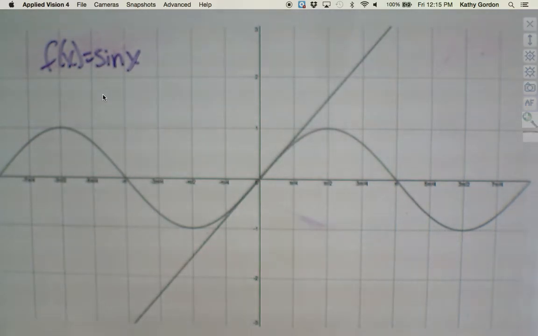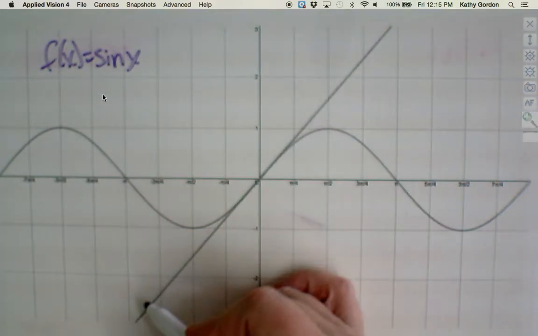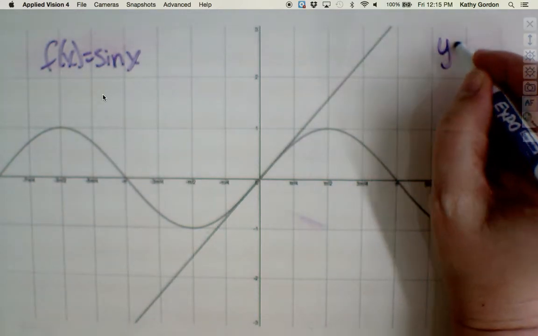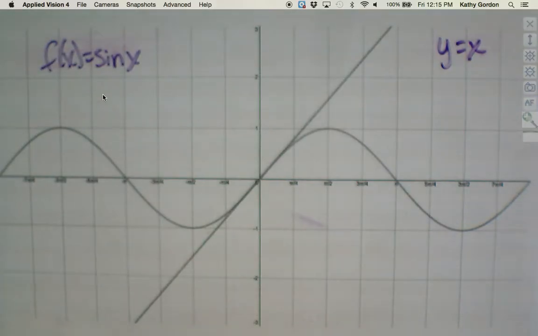Okay? Our straight line here has to be something linear, and the linear equation that's important to us when we talk about inverses is the y equals x line, because that's the line that graphically we have to reflect through to change an original graph into an inverse graph, right? Okay?